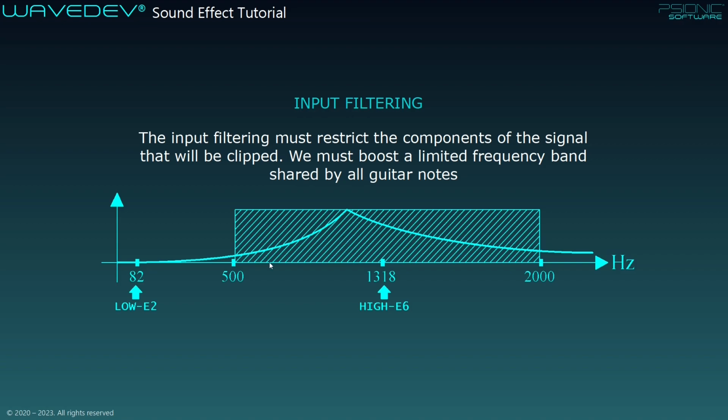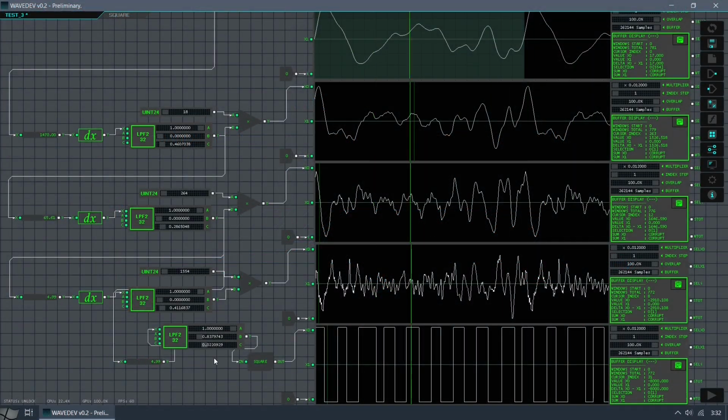For the moment, I'm going to dedicate the low section of this area to the distortion, and the high section to the overdrive. By changing the frequency, the square signal mutates.